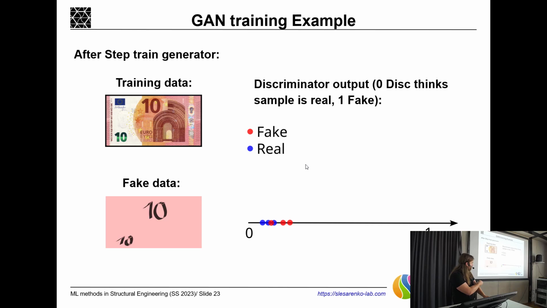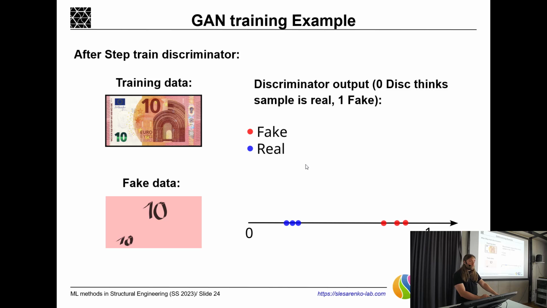What happens to these dots here if we train the discriminator again? Okay, red ones are clearly false, but if you see here, there's a red one that tried to mix in with the blue ones. So the discriminator will think there's something fake close to my real data, and that will mess up its confidence. So it will get a little bit less confident in its real data. But it's still able to separate that.